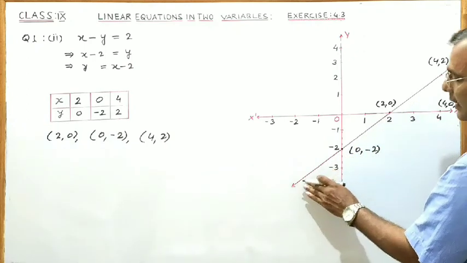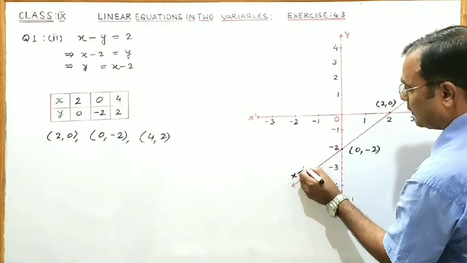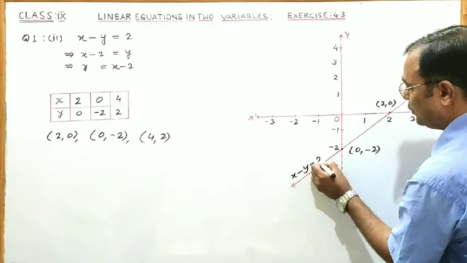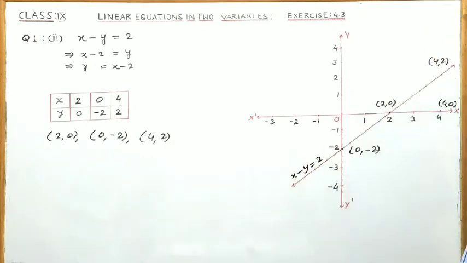Near this straight line, write the linear equation x minus y is equal to 2, and arrow heads you will put on both sides of the straight line.